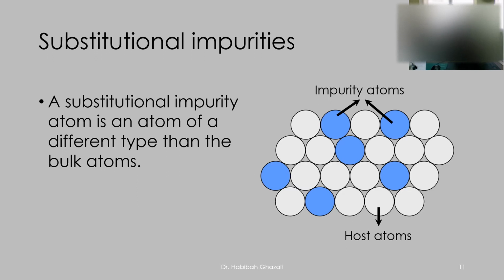That is what we call a substitutional impurity. It resides at the lattice point of the host material. So a substitutional impurity atom is an atom of a different type than the host atoms, but it resides in the lattice point of the host material.